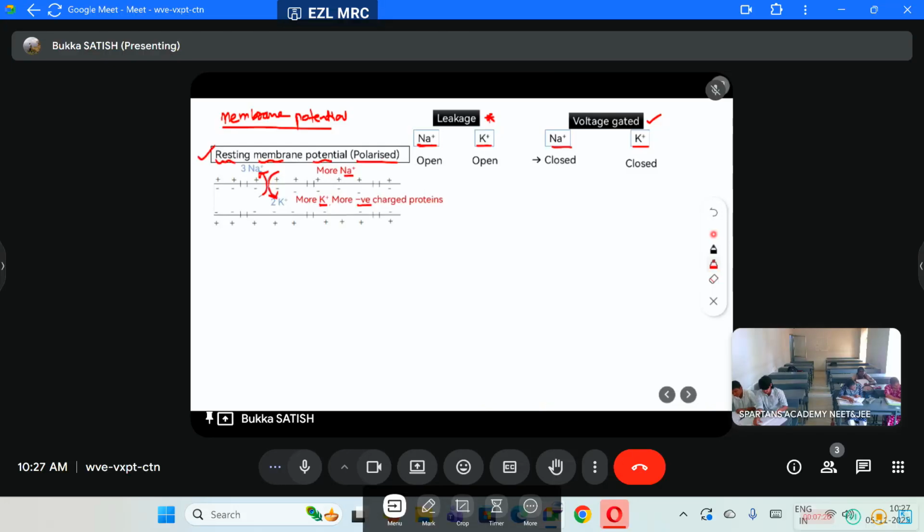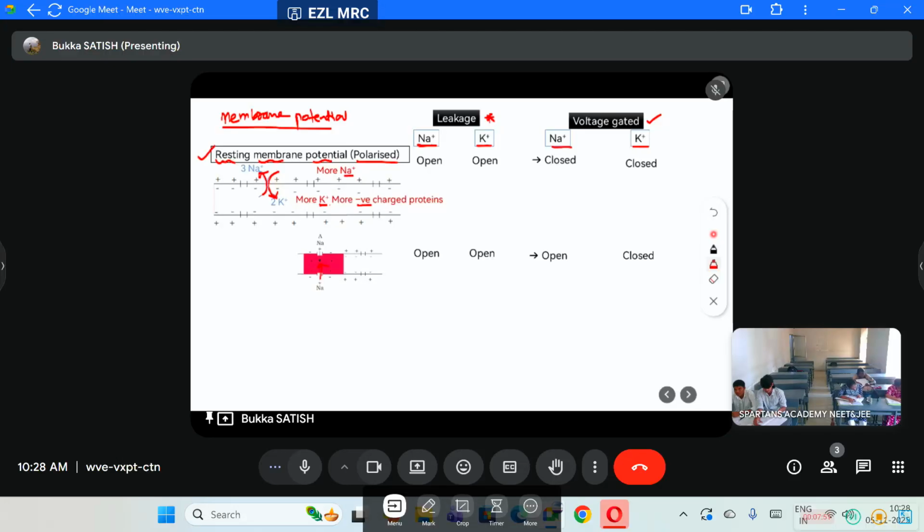Okay. Now, upon stimulation, which channels are going to open first? Sodium voltage gated channels will open. This is the first thing that happens when the axon is stimulated. When these are open, as we know, there is influx of Na plus.